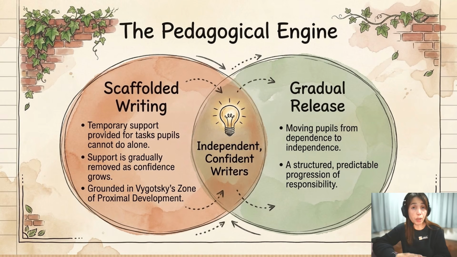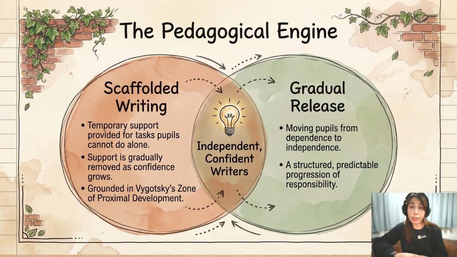The important point is that the support is temporary. As pupils develop competence and confidence, that support is gradually reduced. This approach is grounded in Vygotsky's zone of proximal development, where learning occurs most effectively when appropriate support is provided.